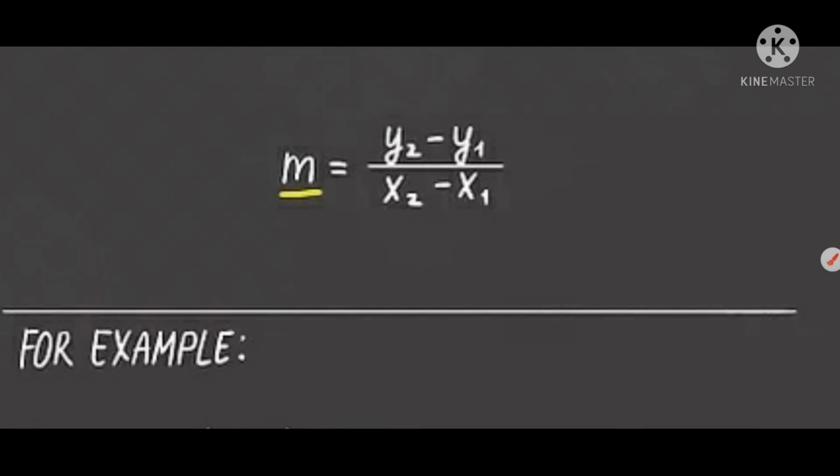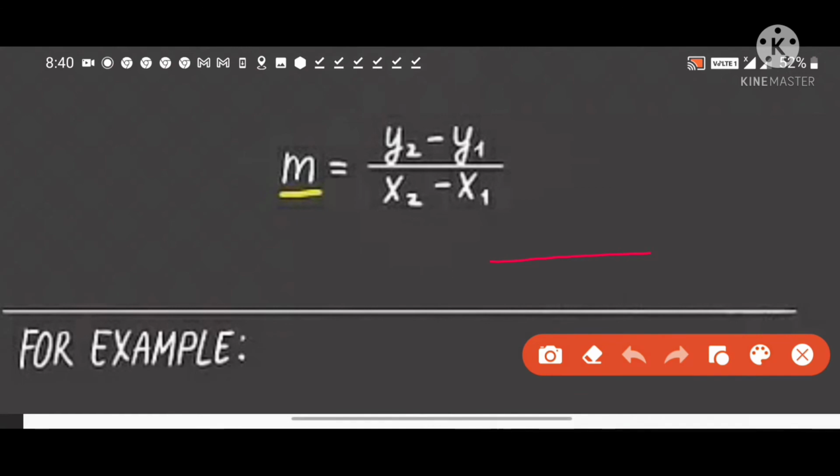So let's begin. First of all, what is the slope of a line? Slope is the inclination or gradient of a line from its horizontal.